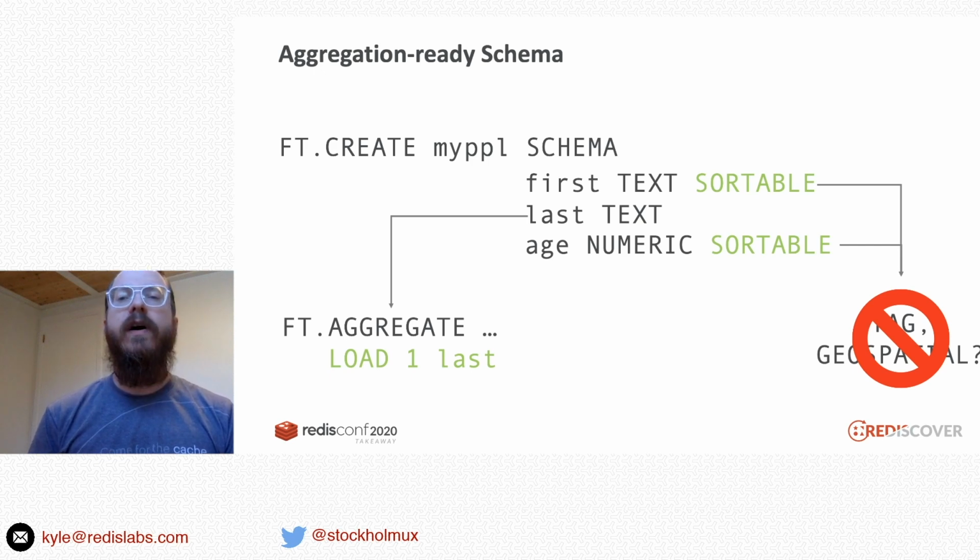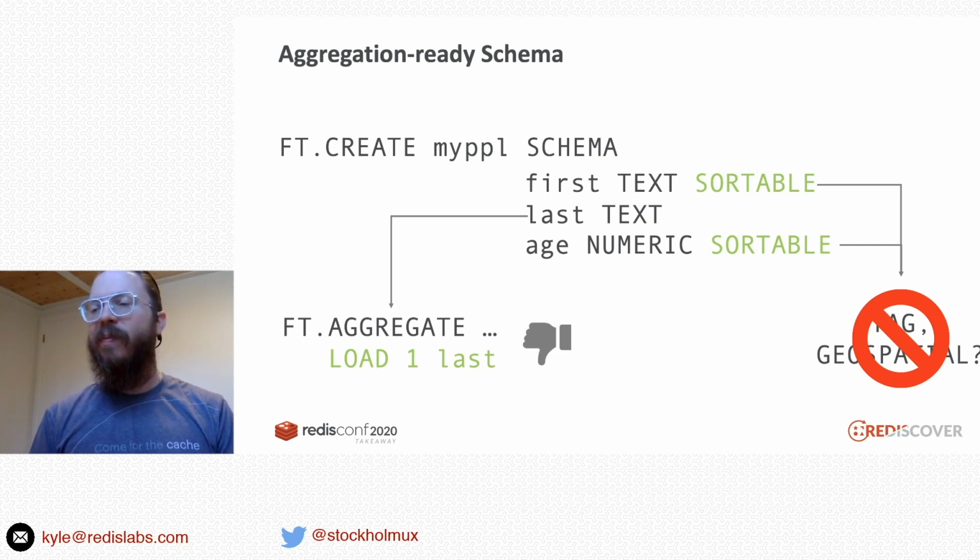Sortable, however, provides a shortcut so it knows exactly what fields are where, and it's provided that ahead of time. So you're exchanging extra storage for a computational benefit later. And load is just not very good performance. That's why it gets that thumbs down.